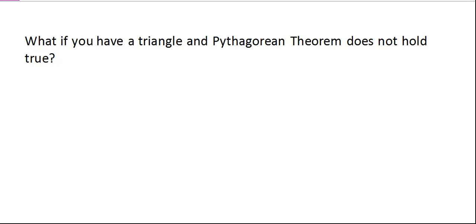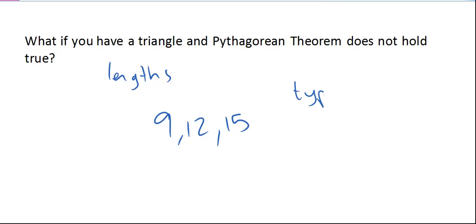Okay, because the Pythagorean theorem is not just useful for finding lengths of sides, it's also useful for determining if something actually is a right triangle. So for instance, we talked about Pythagorean triples in class, but let's say I gave you a triangle and I told you that the lengths were, let's say, 9, 12, and 15, and I asked you what type of triangle it is.